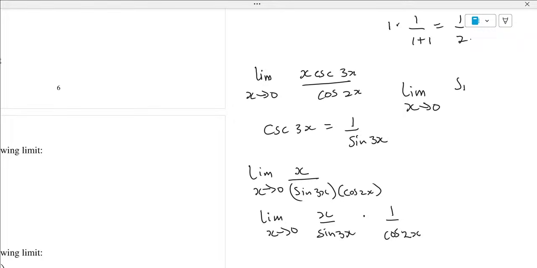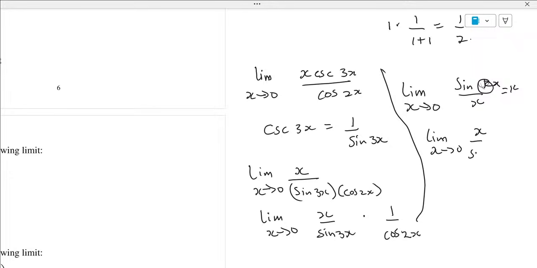If you have sine kx over x, the answer is whatever is here, that will be k. And if I have the limit as x approaches 0 of x over sine kx, then it will be the reciprocal of that. And so our answer will be 1 over k.